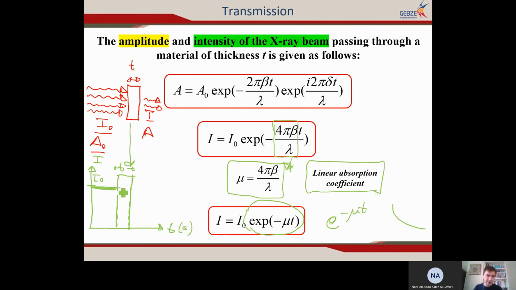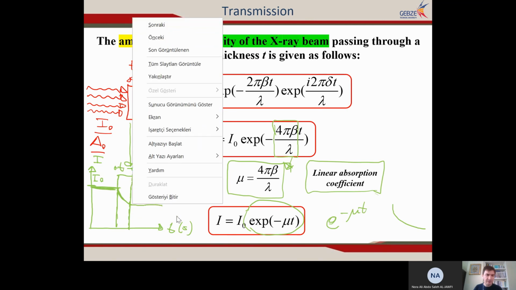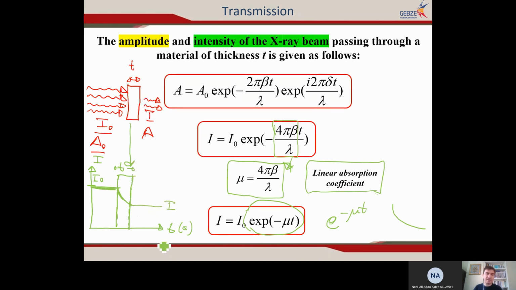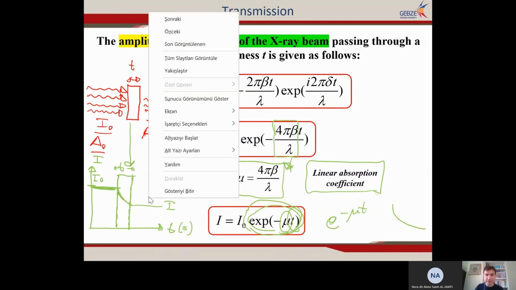Then the intensity of the X-rays decreases with this relation within the material, and we have the final intensity I here. Depending on the thickness and on the linear absorption coefficient, this drop can be very high or lower.